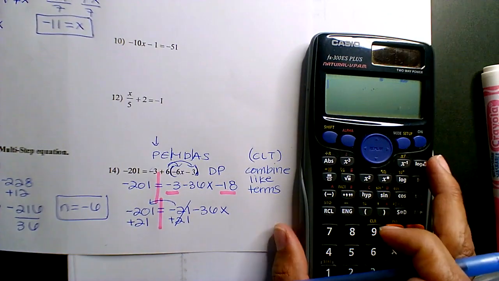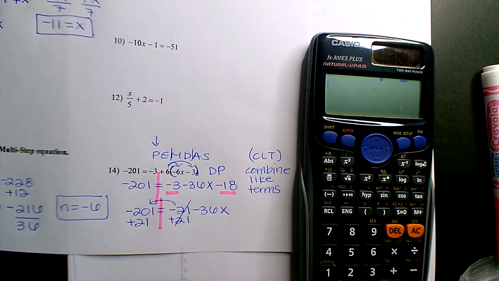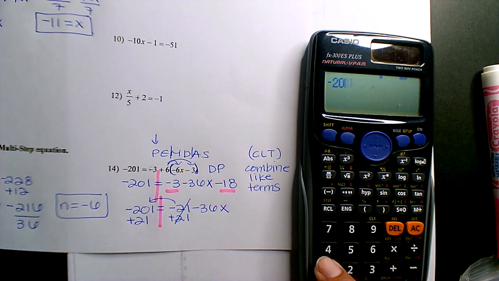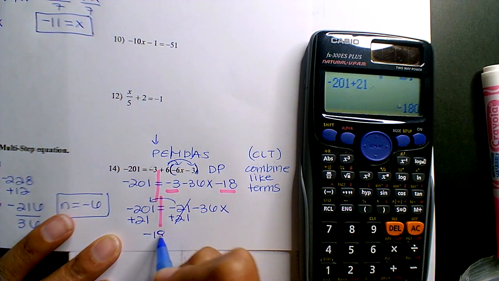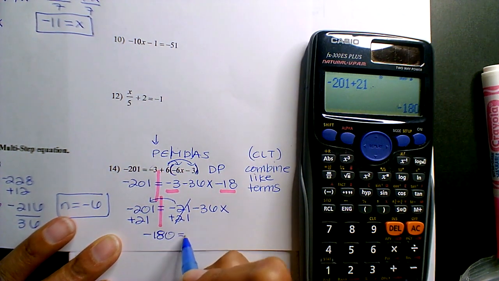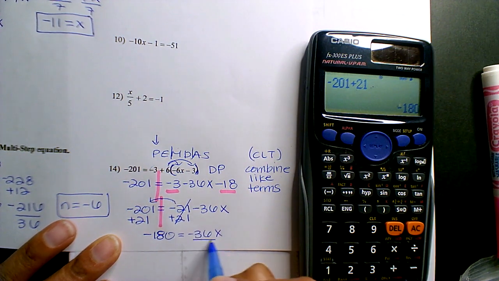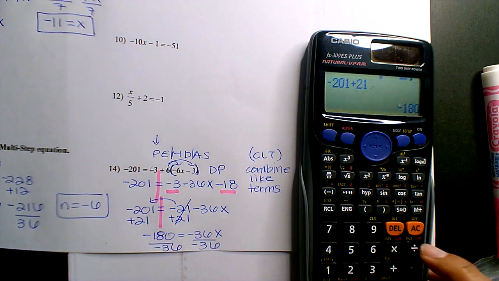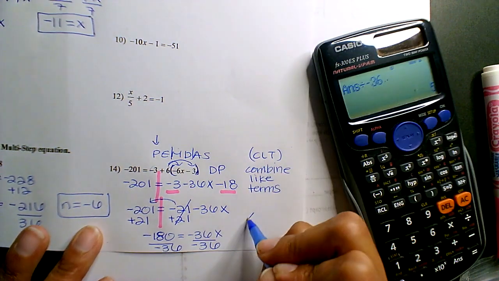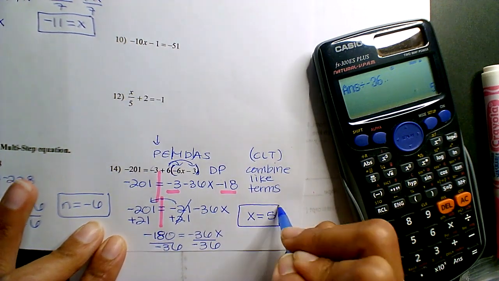Sometimes with the shadowing, I'll put the calculator somewhere and you won't be able to see the screen. So just communicate. Negative 180. Negative 36x. And you get 5.